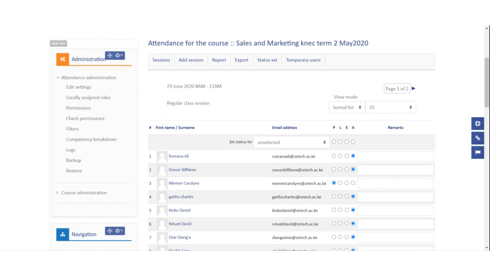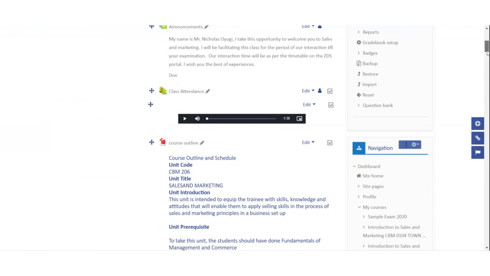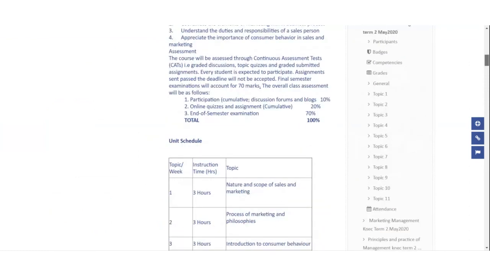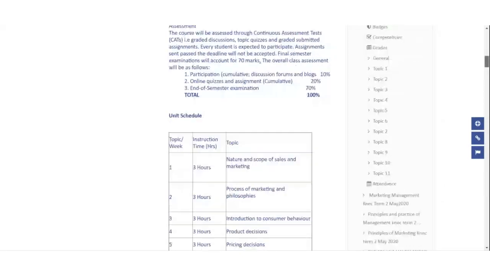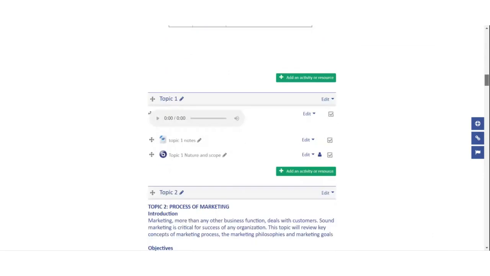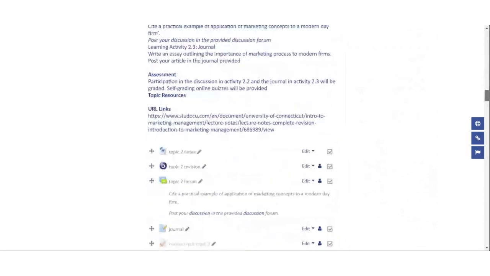Why did you miss the CAT, Ruth? The CAT was posted on which portal?